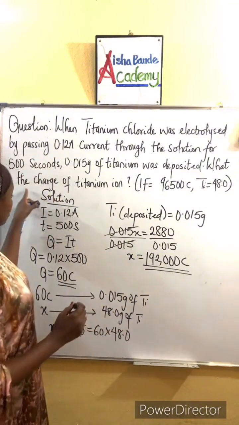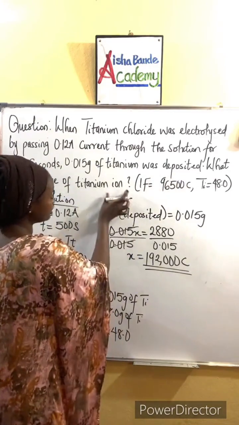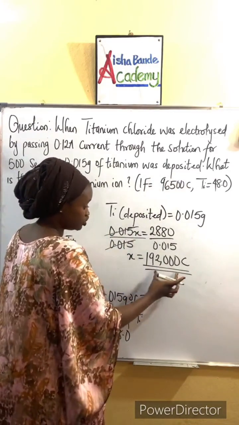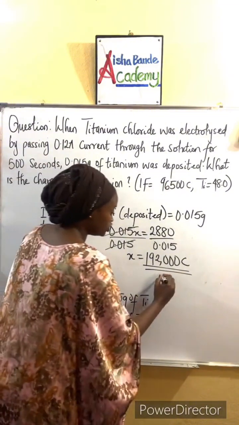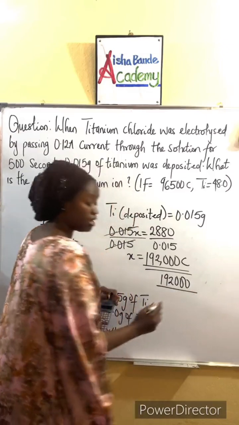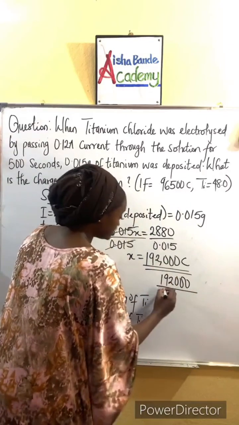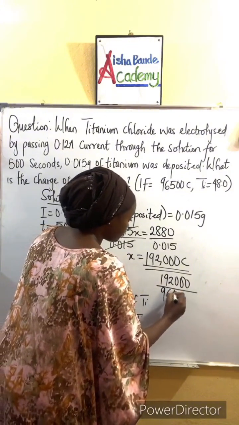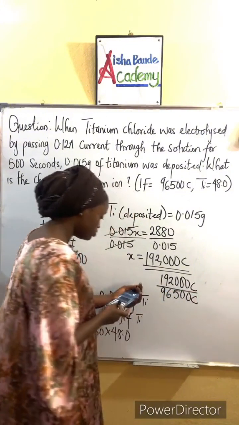But the question is asking us the charge of titanium ion. Just to get the charge of titanium ion, it's going to be the charge that deposited 48.0 grams, which is going to be 192,000 divided by the value for 1 Faraday, which is given as 96500. You know, all of these two are all in coulombs, right?